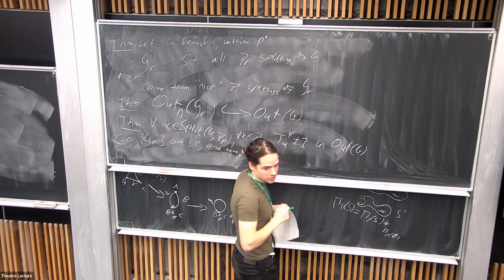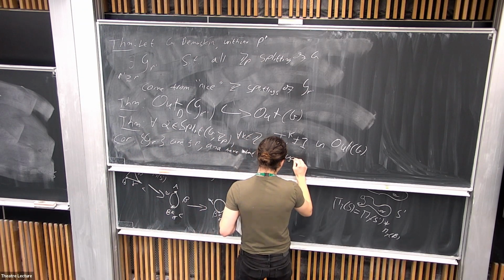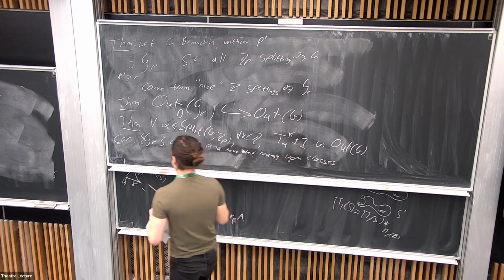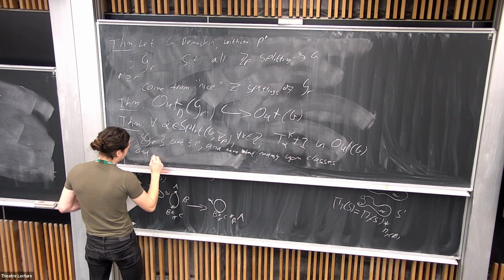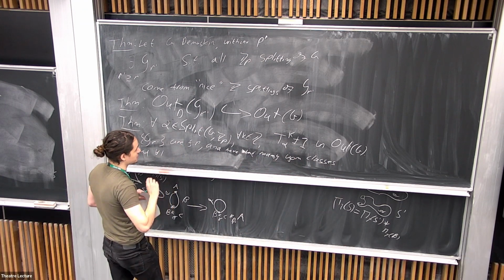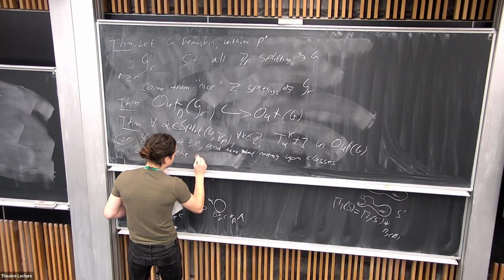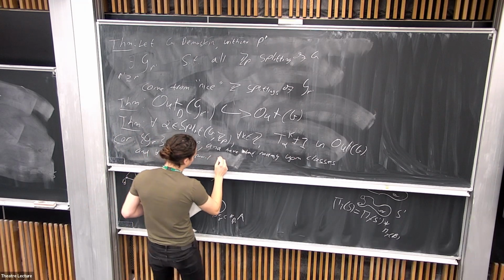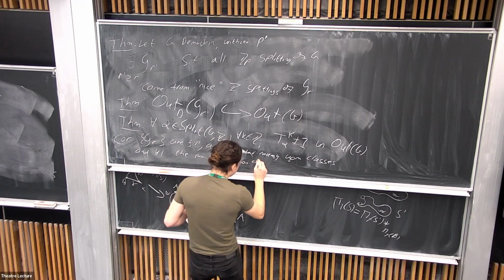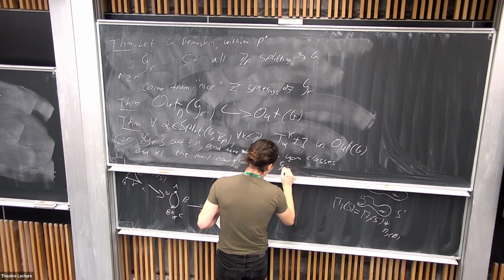I don't know how to show they're all non-isomorphic. And for every prime L, including the prime P, the pro-L completions of all the G_R' are isomorphic.